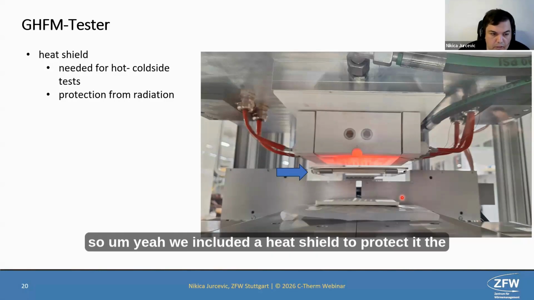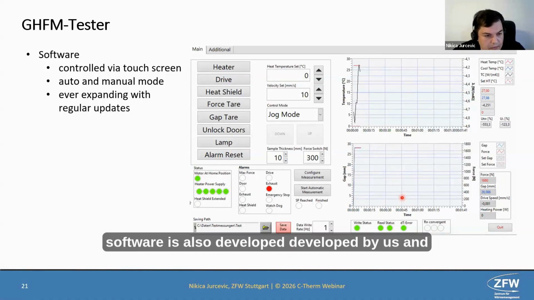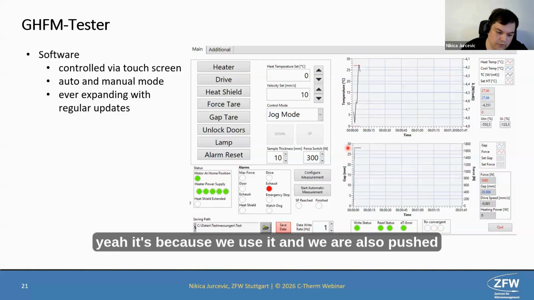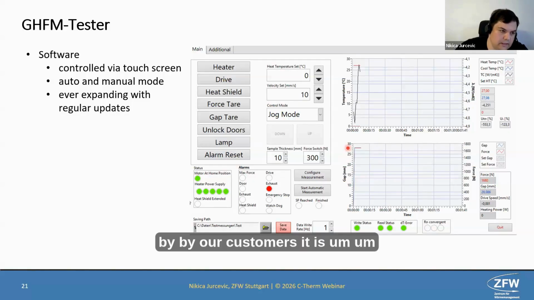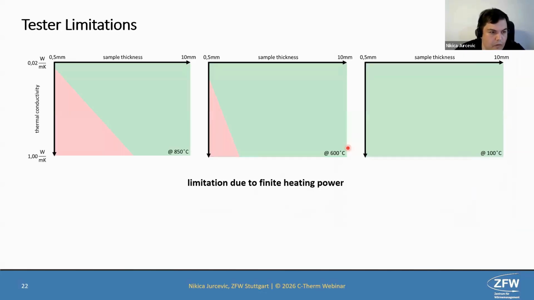So we included a heat shield to protect them. The software is also developed by us, because we use it and we are also pushed by our customers. It is ever expanding, with regular updates.